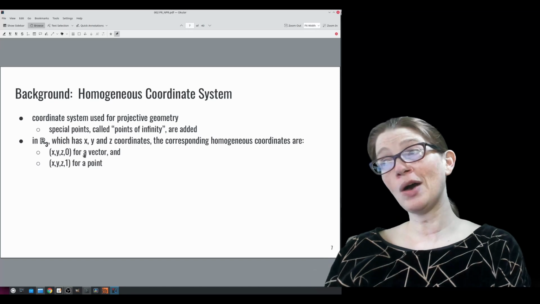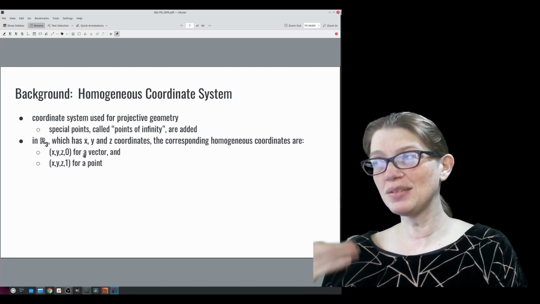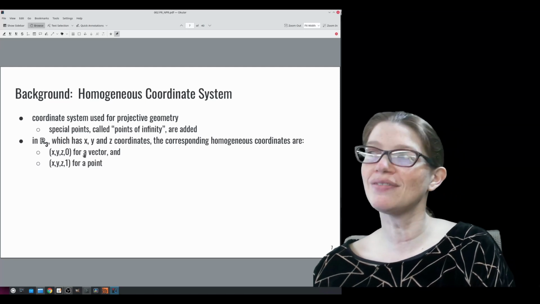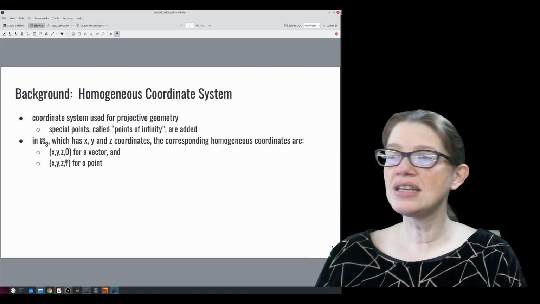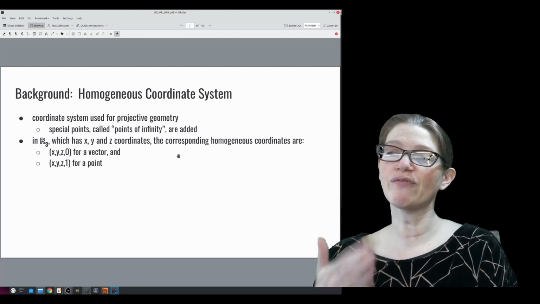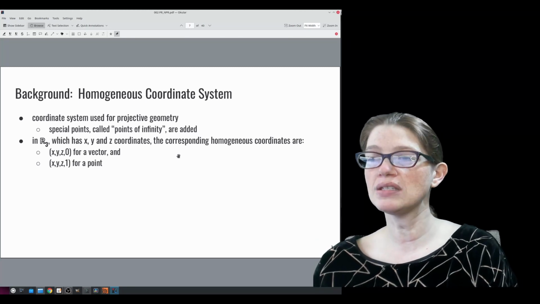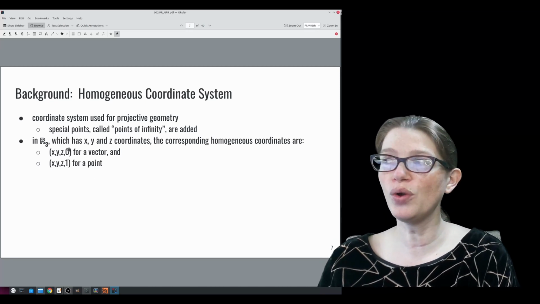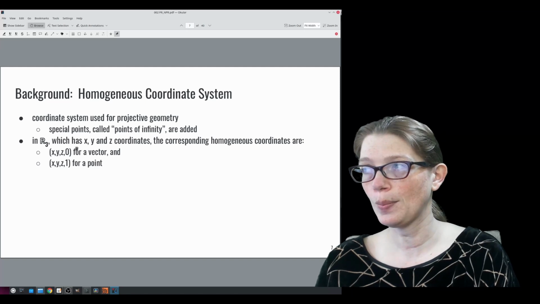What we're going to do now is add a fourth point. Now, it's not something you can visualize. We're calling this special fourth point the point of infinity. And what it means to us is it gives us a way to differentiate between vectors and points. So for a vector, the point of infinity, the fourth component, is a 0.